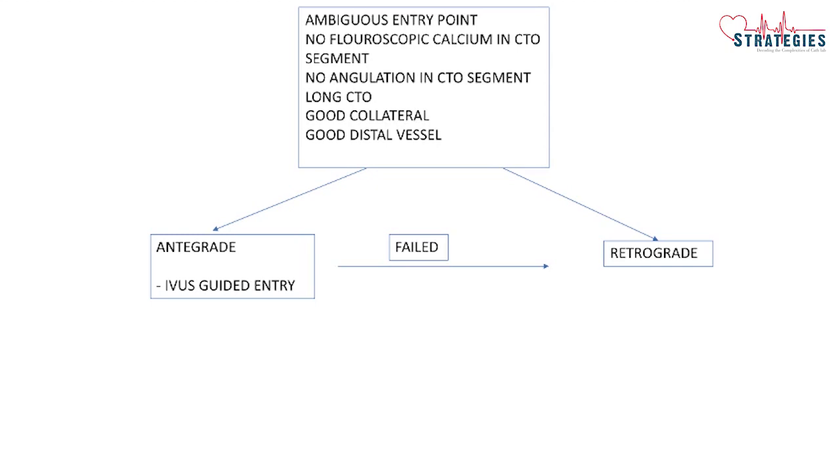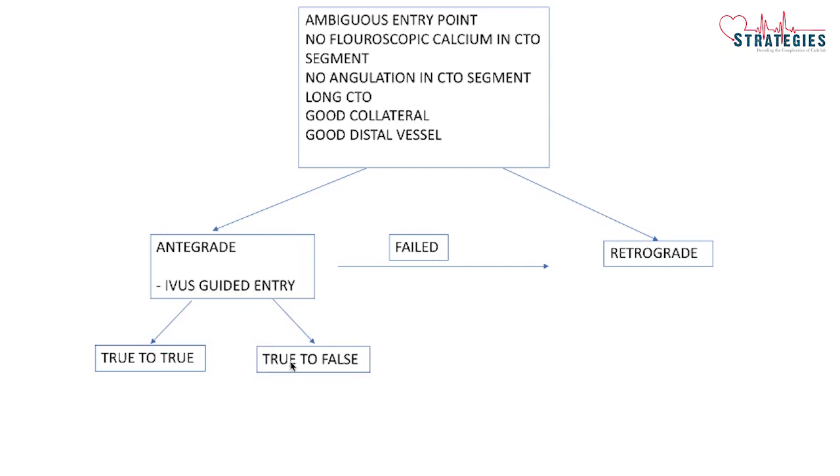But as I'm comfortable with retrograde, I straight away went with retrograde in this case. In case I start antegrade with IVUS guided entry, if this won't succeed, obviously I will end up in a retrograde. But in antegrade, if we are successful in wiring from true to true lumen, that is the end of the procedure.